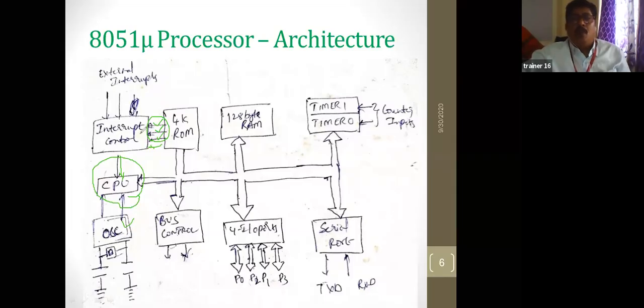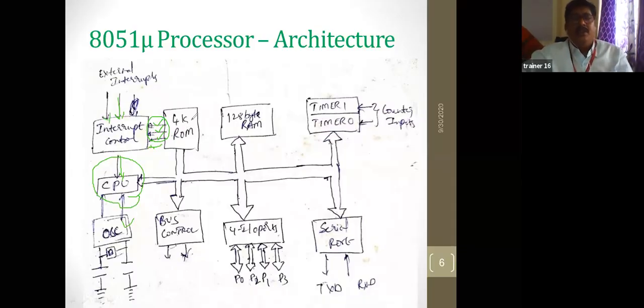For the interrupt control, these three arrow marks indicate three internal interrupt sources, and these two are the two external interrupt sources. Now you get it clearly.